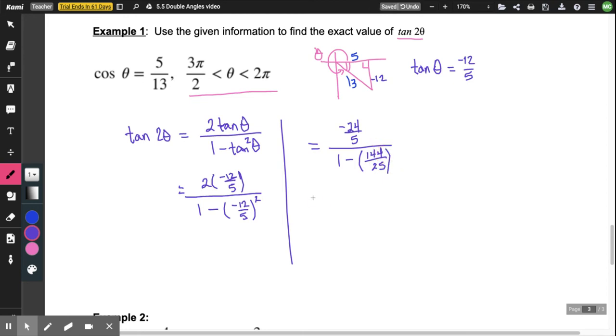Now, before I do anything else, I need to finish simplifying the denominator there. I've got 1 minus a fraction. So in order to subtract those, I would need to think of that 1 as a number that has the same denominator. So I'm going to write that as 25 over 25.